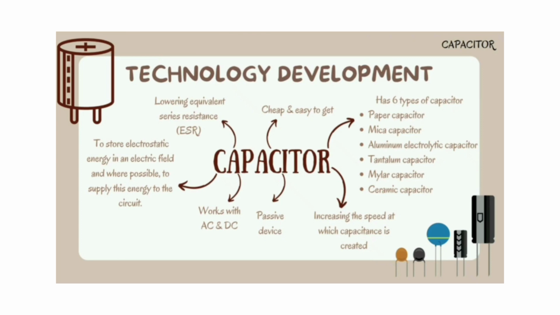There are 6 different types of capacitor, which are paper capacitor, mica capacitor, aluminum electrolytic capacitor, tantalum capacitor, Mylar capacitor, and ceramic capacitor. It will increase the speed at which capacitance is created. A capacitor is a passive device and works with alternating current and direct current.